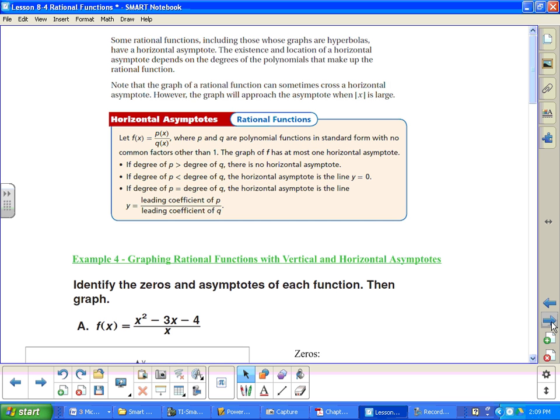I'm going to show you how you can do it without having to worry about the degree, or you can use this rule: if the degree of p, the numerator in this case, is greater than the degree of the denominator, there's no horizontal asymptote. So if they ask you for a horizontal asymptote, you would say none.